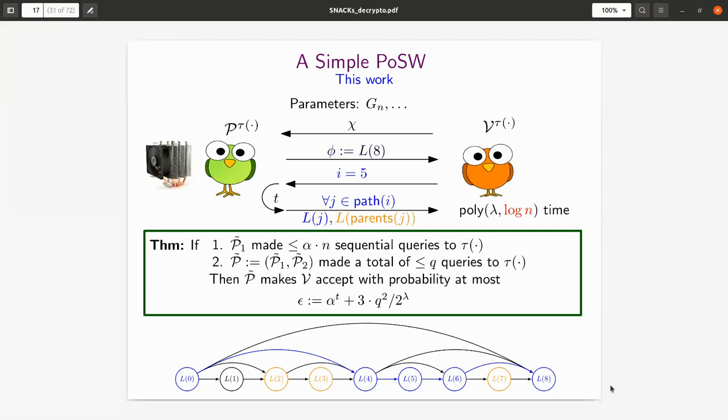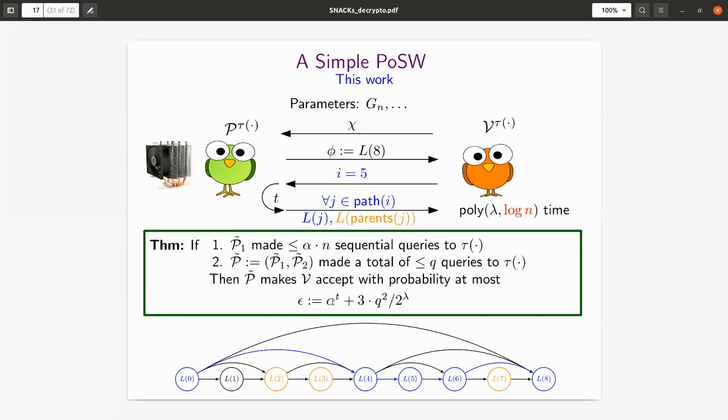For such a construction, we prove the following statement. If the prover, in this initial phase where it is labeling the graph, made less than alpha n sequential queries to the random oracle tau, and in totality, the first part of the prover and the second part that runs the challenge response phase together make a number q of queries to tau, then such a prover can make the verifier accept with probability epsilon that is related to alpha as follows: it's alpha to the power of t plus some negligible term.